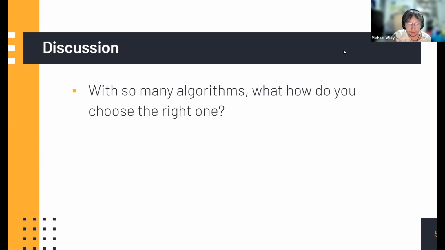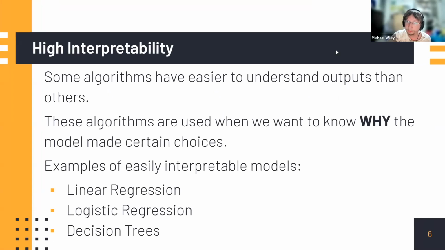Great. As you may know, we have some high interpretability models, and these are just algorithms that have very easy to understand or interpretable outputs. And actually, most of the models that we have seen in this course fall into this category. So the big one is, of course, linear and logistic regression. We also have seen decision trees.